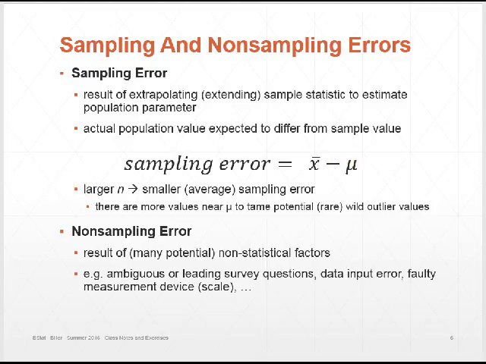And statistically, the trend is that the larger a sample size is, the correspondingly smaller an average sampling error will be.